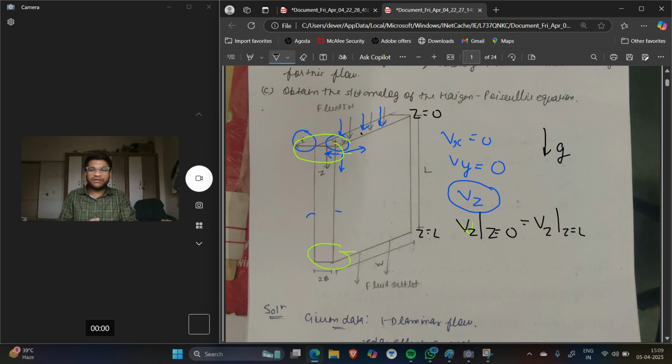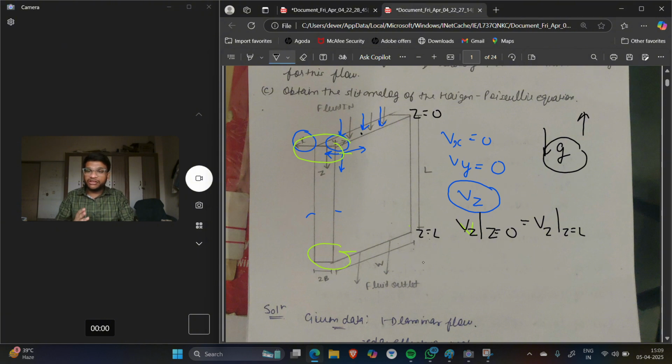But what we will assume is that this force of gravity will be compensated by the viscous force, which will act in the direction opposing the motion, as my direction of motion is downward. The effect of gravity will be neutralized by the viscous forces.